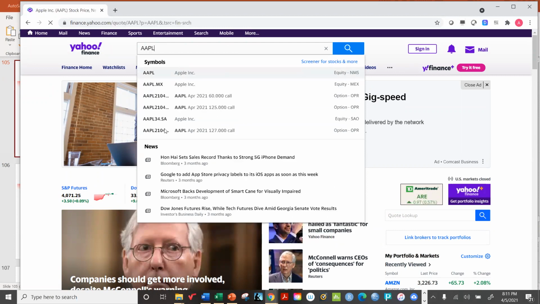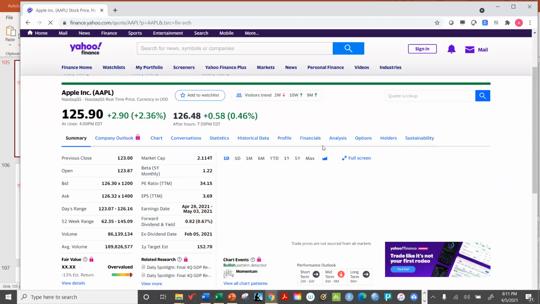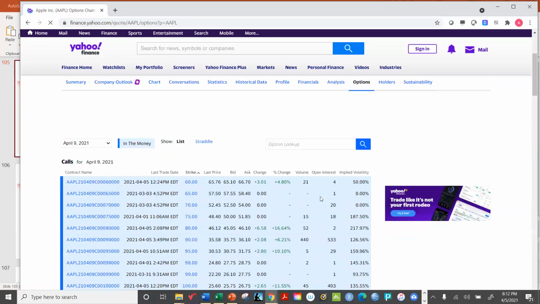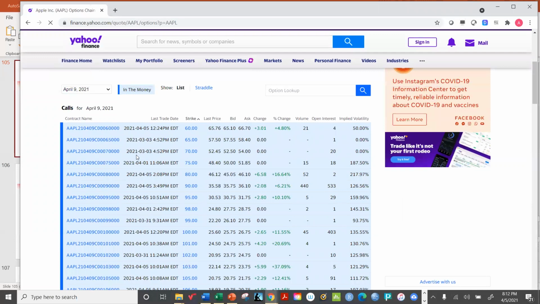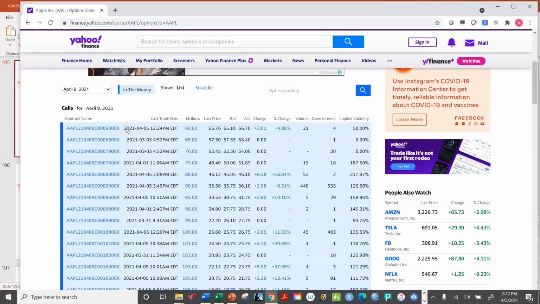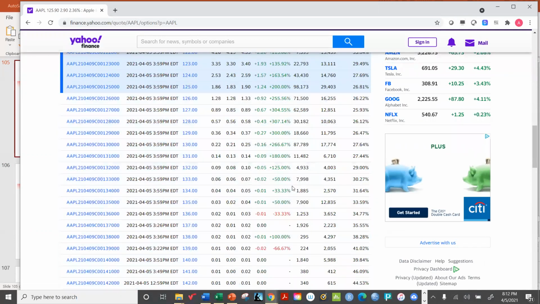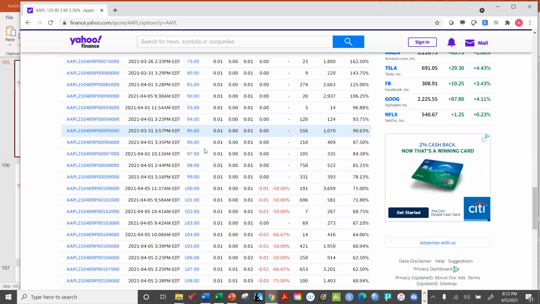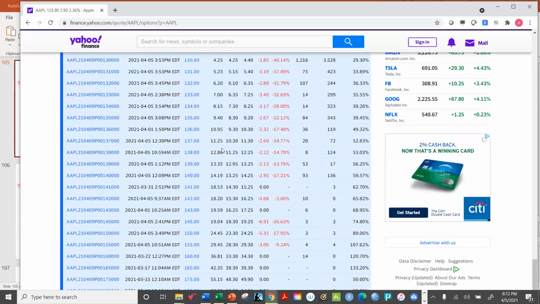Apple stock has options written on it. And there's a list right here. And if all you want to know is what kind of options we can buy on Apple stock, here's a list right now of options that you can buy right now if you wanted to. And all of these options give you the right to either buy or sell Apple stock in the future. And you can see there's a lot of them available because this is such a very heavily traded stock.